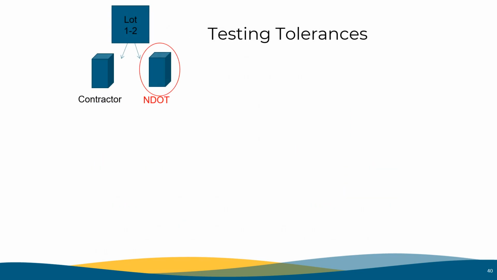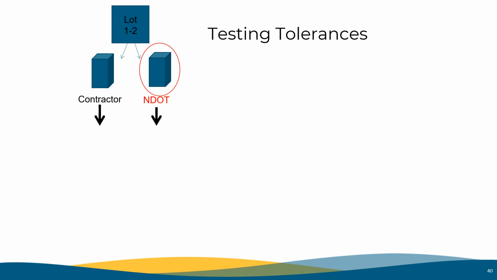Now let's take a close-up sample of 1-2. The contractor will collect a 75-pound sample and split it in half to get two representative halves, one for the contractor and one for the NDOT inspector. The NDOT inspection team shall be present and collect the NDOT half immediately after splitting and deliver it to the appropriate NDOT lab.